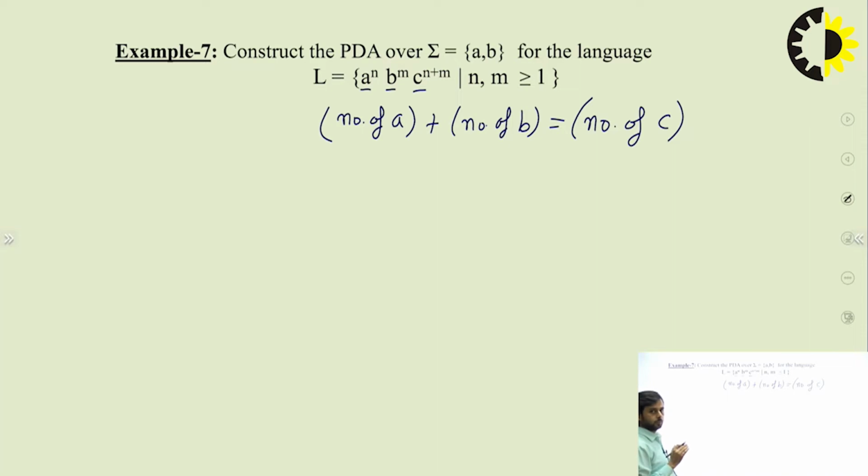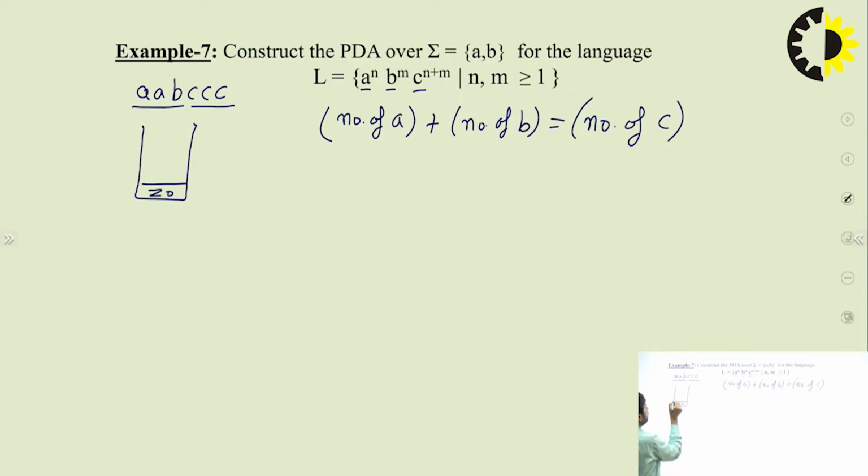Let's take a sample example and see how the PDA stack will implement this. Suppose the input is A, A, B and C. First we push all A and B, then corresponding to C we pop out B and A. Now suppose this is my stack.